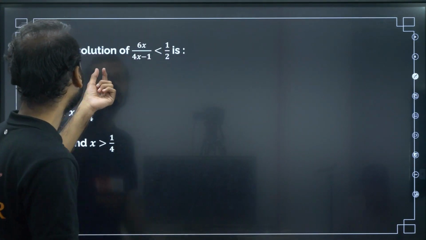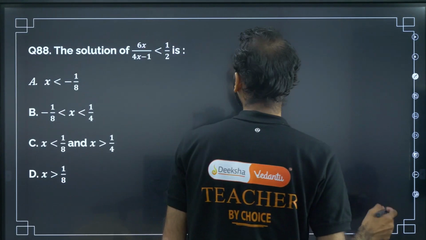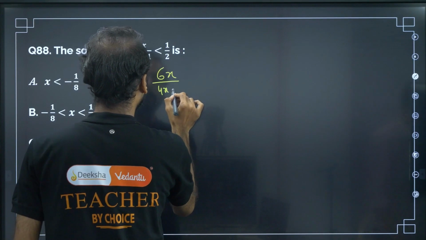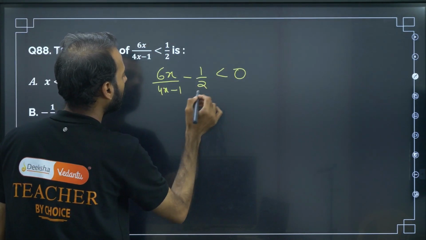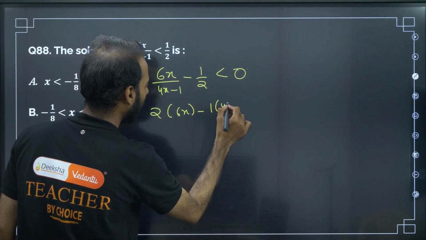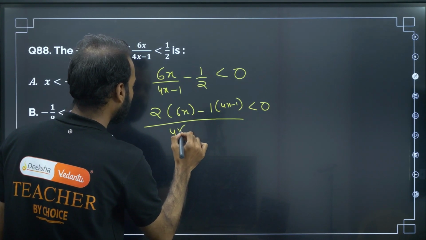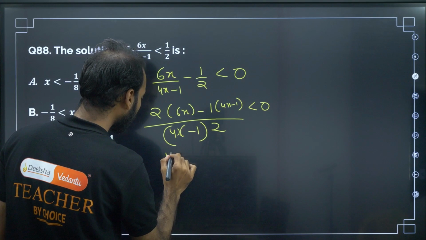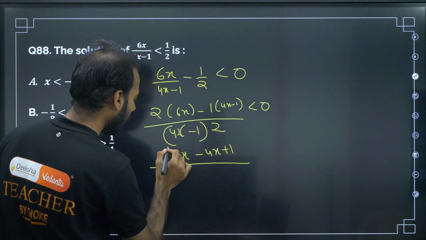The solution of 6x by 4x minus 1, linear inequalities question. This constant, if I transpose it to the other side, this becomes negative, less than 0. So (6x minus 1 into 4x minus 1) by 4x minus 1 less than 0, which is 6x minus 4x plus 1 by 4x minus 1.